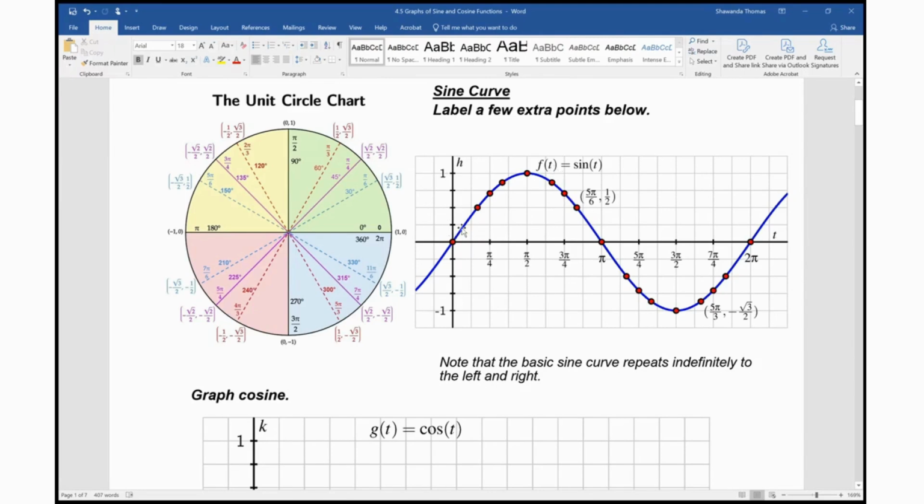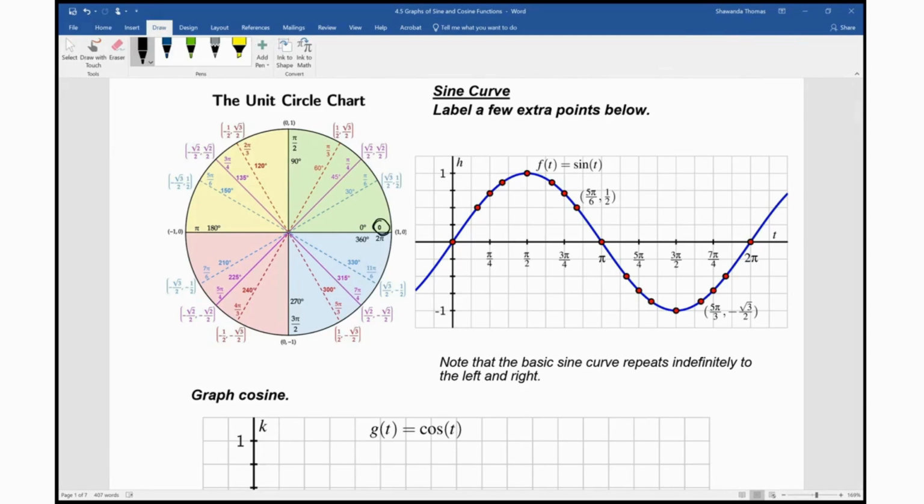Notice at 0, that's referring to the 0 here in radians. So notice that they have radians here and not degrees. So that's one thing you can notice. And here on the y-axis, or f of t, this is going to be your output for those radians.